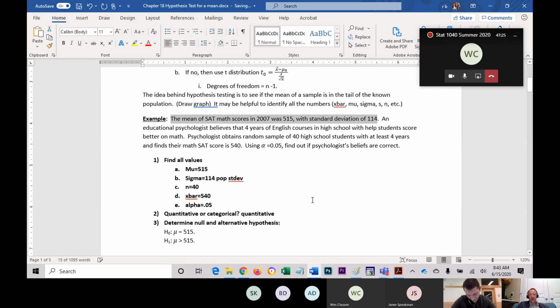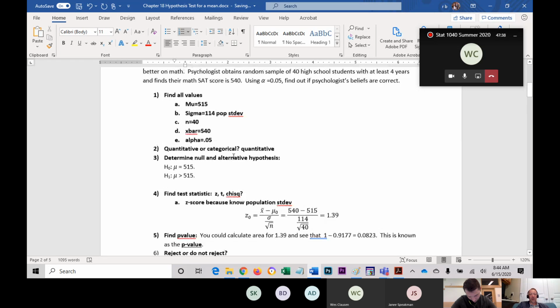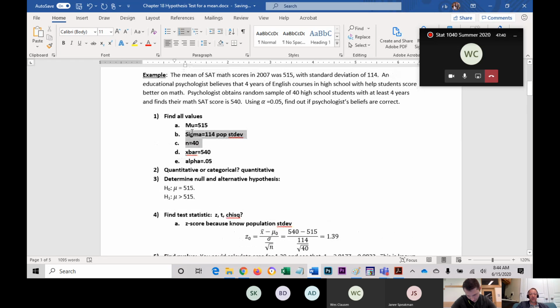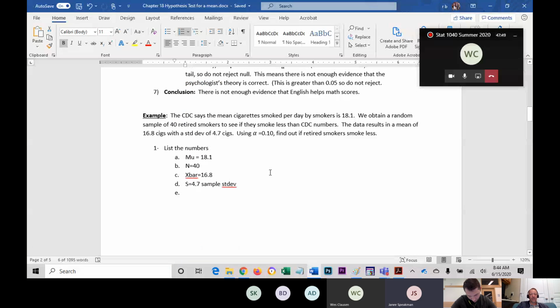Down on this one, you clearly noted that was the sample. Well, this is also the sample. And so because it's from the sample, we use S. If it was from the population, we would use sigma. So does that make sense, Allie and Janie? Yep. Okay. And then alpha is 0.10.